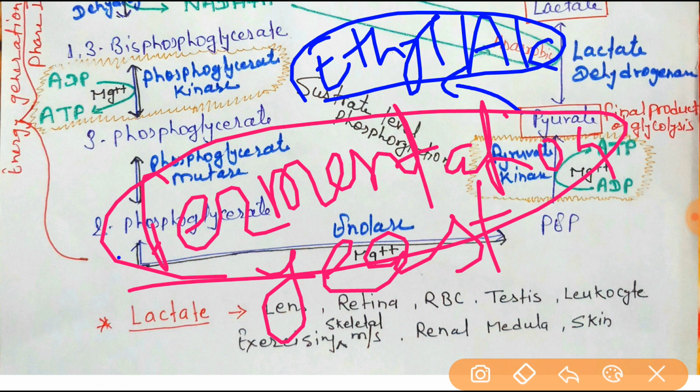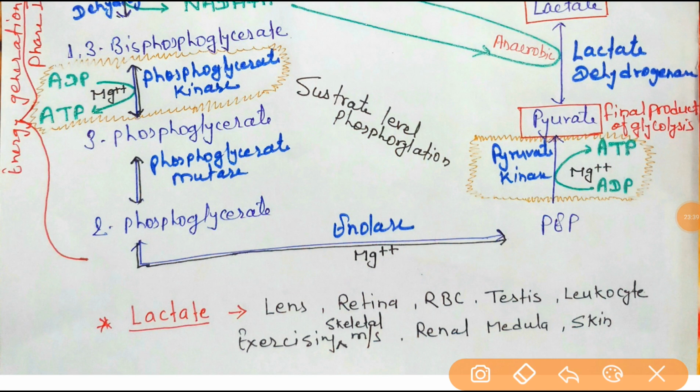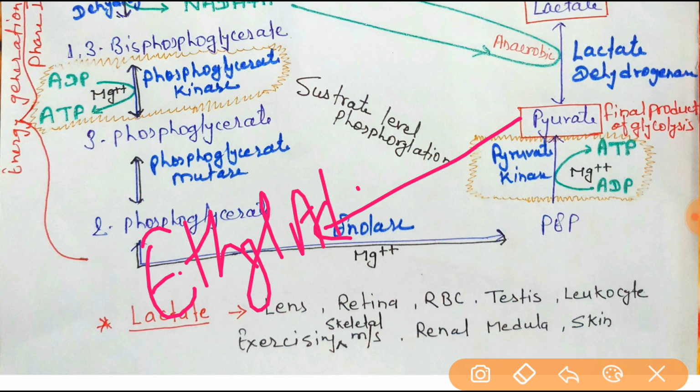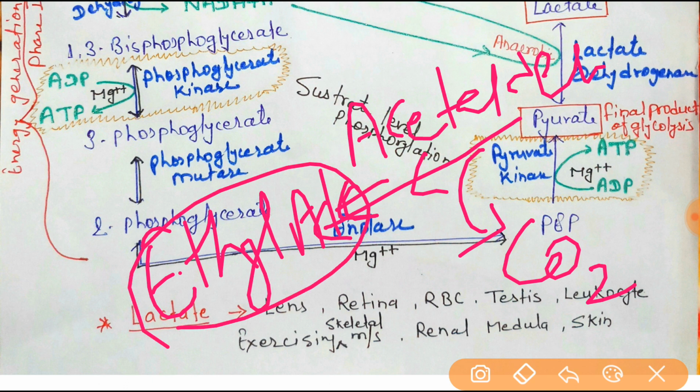And here one thing is important, that pyruvate forms ethyl alcohol by losing CO2 and producing first acetaldehyde, and after acetaldehyde is formed, next to that is ethyl alcohol.